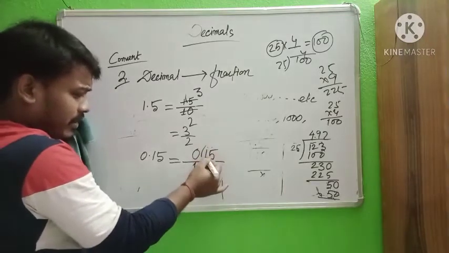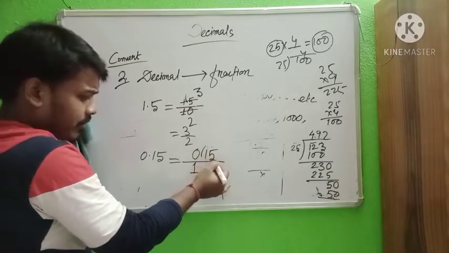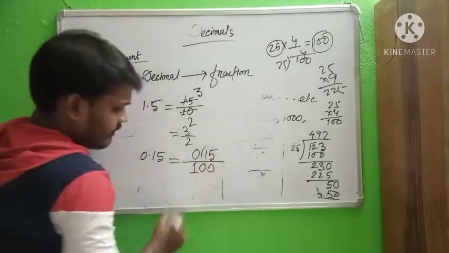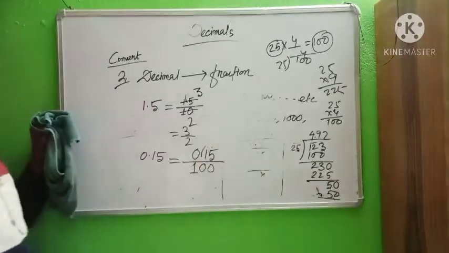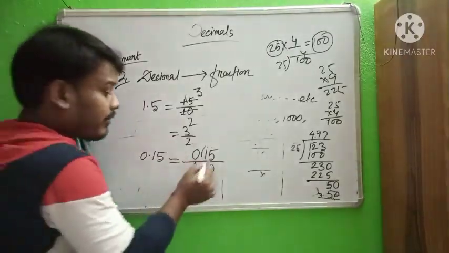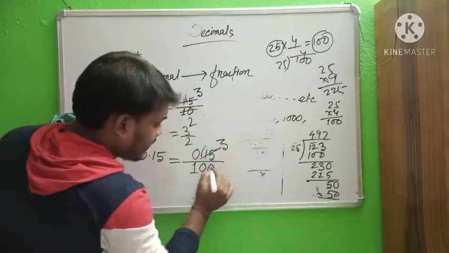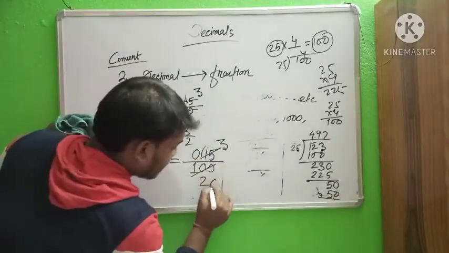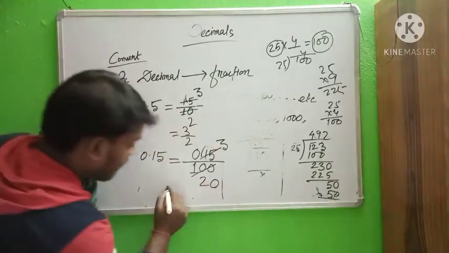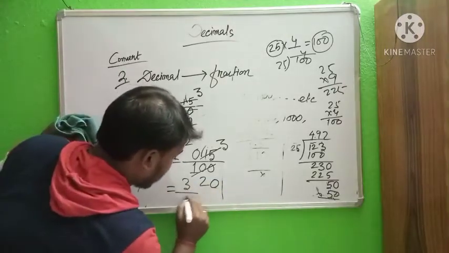So how many digits are there? Two, so put two zeros. Then 15 and 100 are both divisible by 5, so 5 3s are 15, 5 20s are 100, so the answer is 3 by 20.